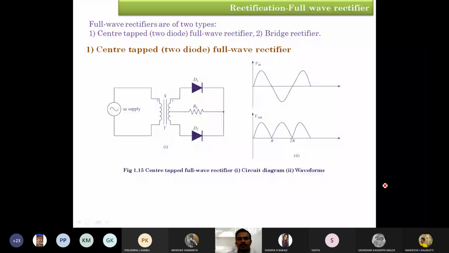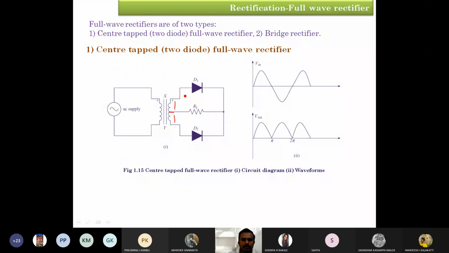The secondary of the center tapped transformer has two halves, the first half and the second half of the secondary windings. You can observe there are two halves, and the center one is a common terminal, or you may say a ground terminal, in that secondary winding.